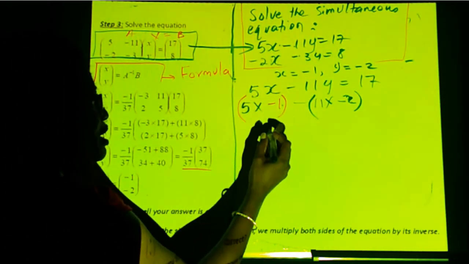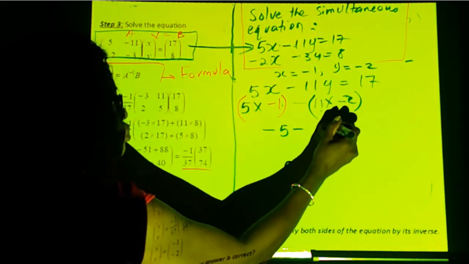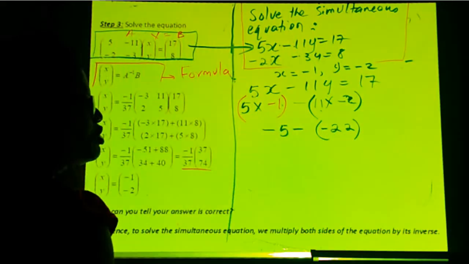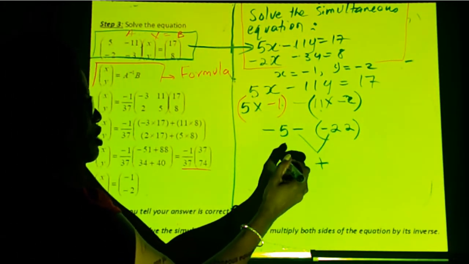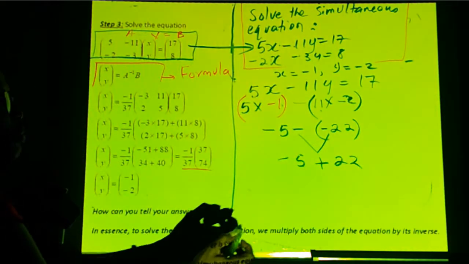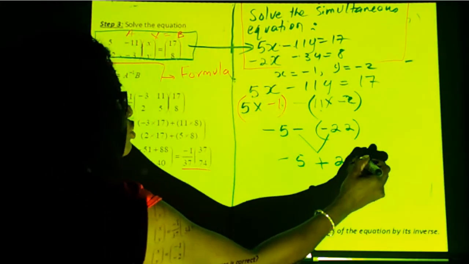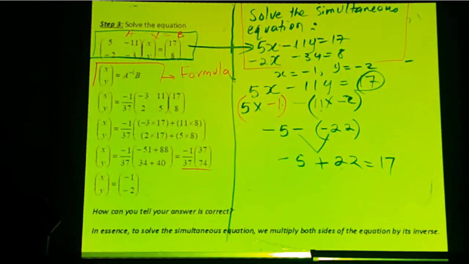So 5 times negative 1 is negative 5, minus 11 times negative 2 is negative 22. 2 minus signs combine to give me a plus. So now we have negative 5 plus 22. You have $22 and you owe 5, so you're left with 17. Ta-da! 17.